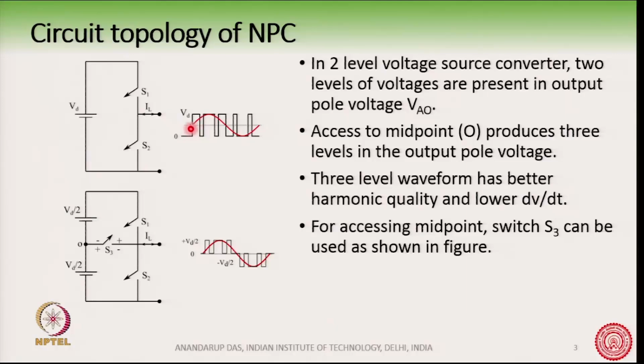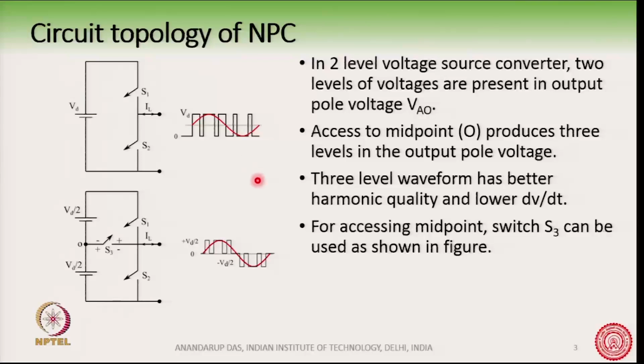The voltage output of a conventional 2-level voltage source converter is something like this, where the output voltage is varying between 0 and Vd, and by using sinusoidal pulse width modulation, we are changing the width of the pulse sinusoidally, so that we get an embedded sine wave inside the output of the converter.